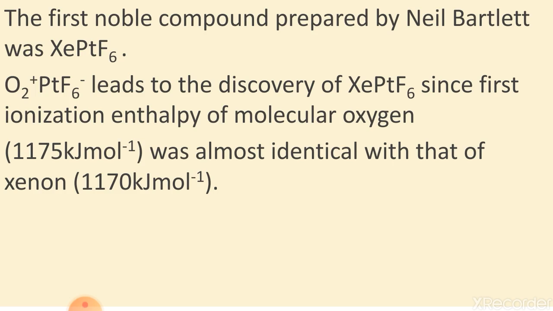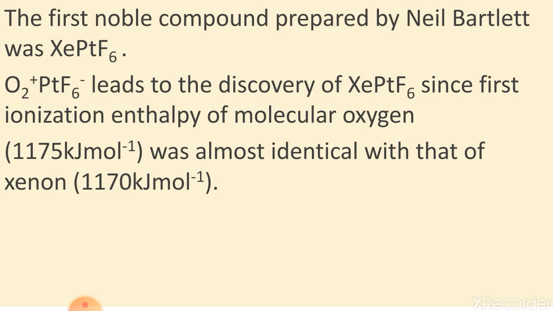So compounds of krypton, xenon and radon can be formed till now, in which the maximum number of compounds is formed by xenon. One question may arise: why does xenon form the largest number of compounds out of the inert gases? Your answer should be like this: xenon has the largest size, low ionization enthalpy and highest polarizing power.